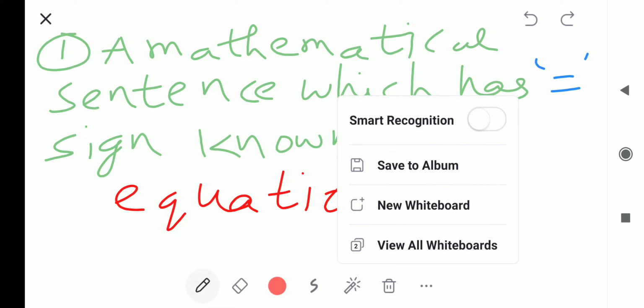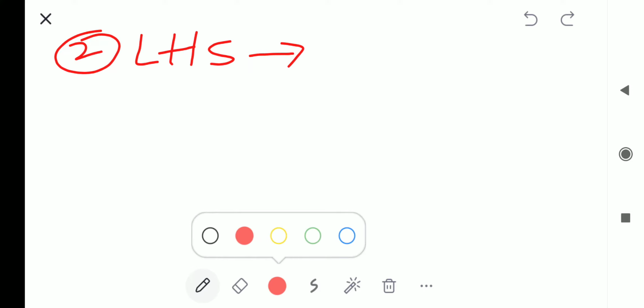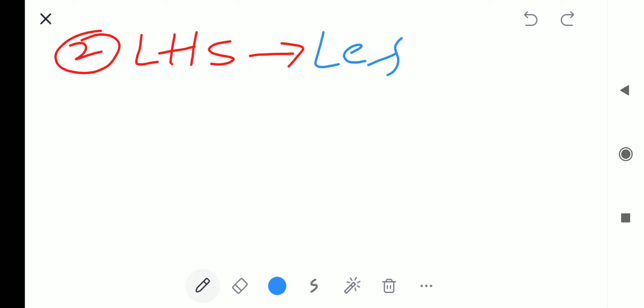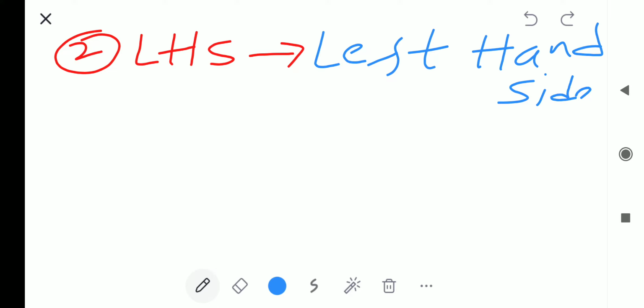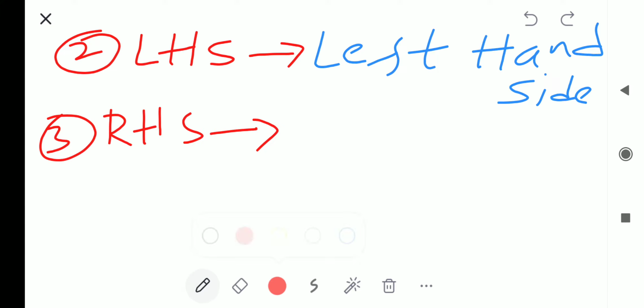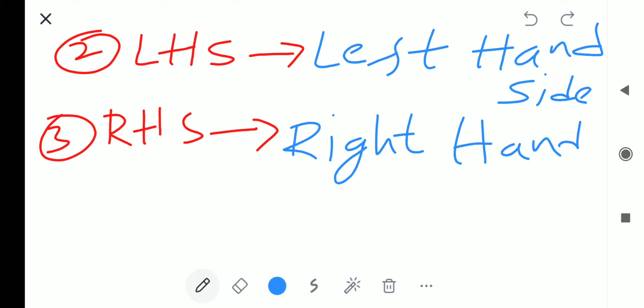Next, coming to the second point, LHS. The full form of LHS is left hand side, and the full form of RHS is right hand side.